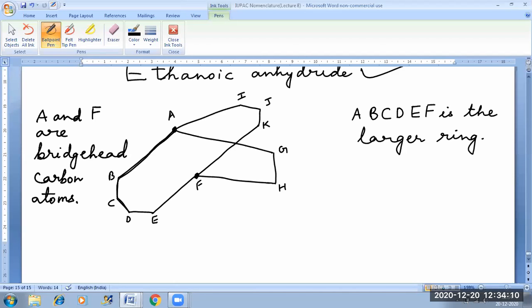Either it is AGHF, that is one possibility, that could be the smaller ring. Or I have A, I, J, K, and then F.